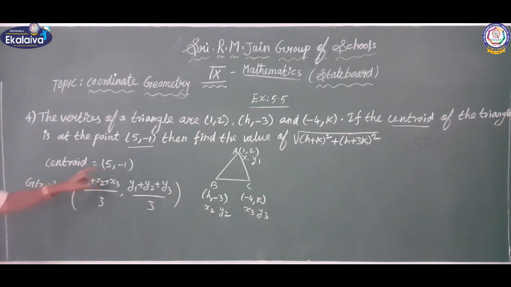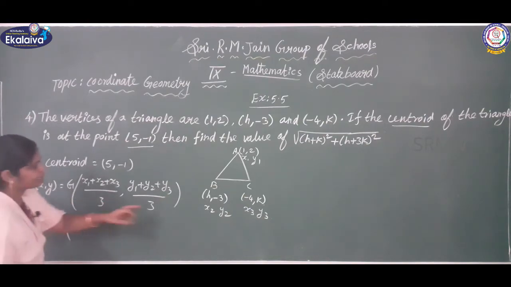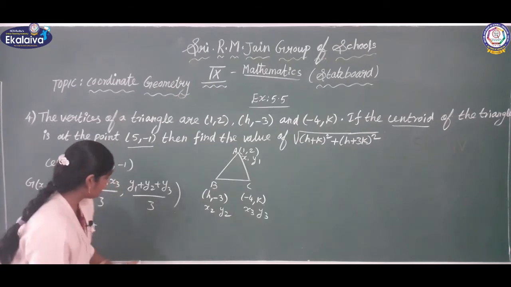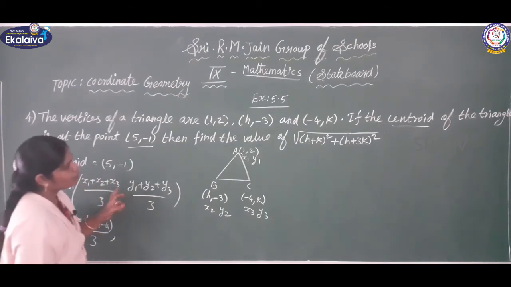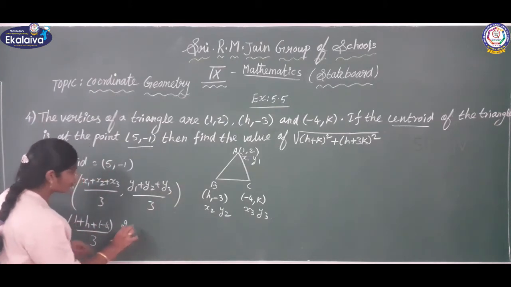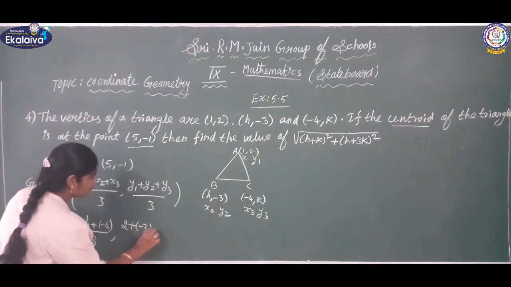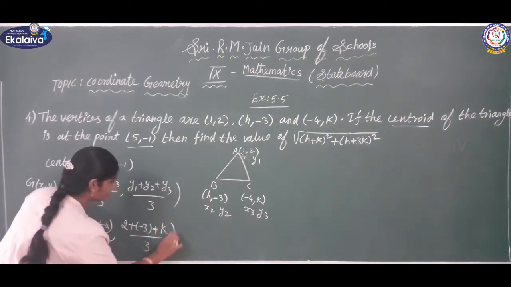G of x, y is 5, minus 1 equal to, here x1 1 plus x2 h plus x3 minus 4 divided by 3, y1 2, y2 minus 3 plus y3 k by 3.